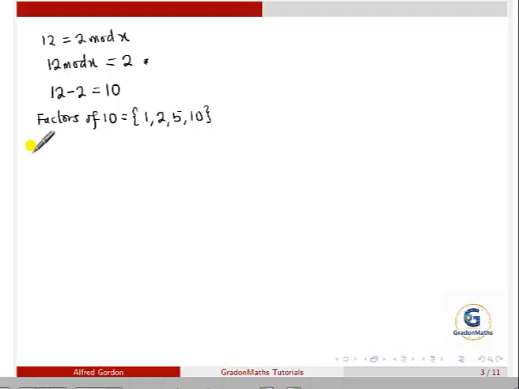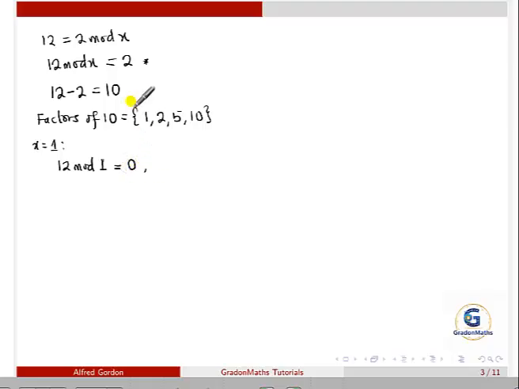So when we consider x to be 1, we have 12 mod 1. What is 12 mod 1? 12 mod 1 here will give us 0.